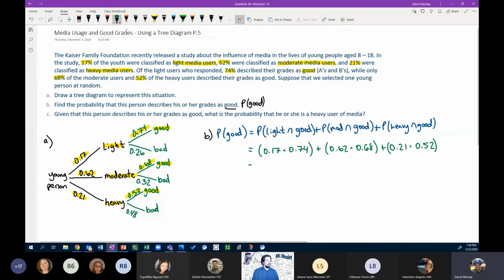Right? Which then goes to our handy dandy calculator once again.